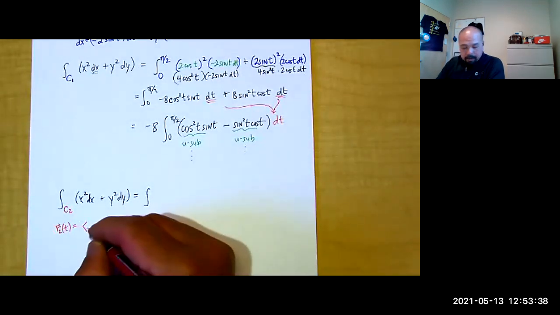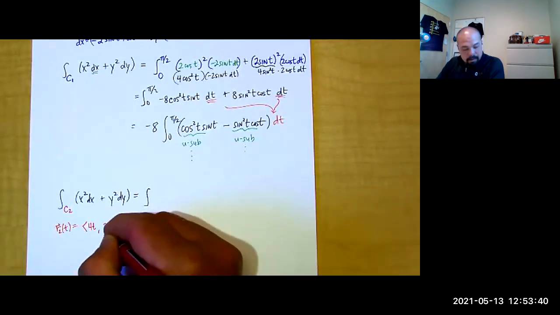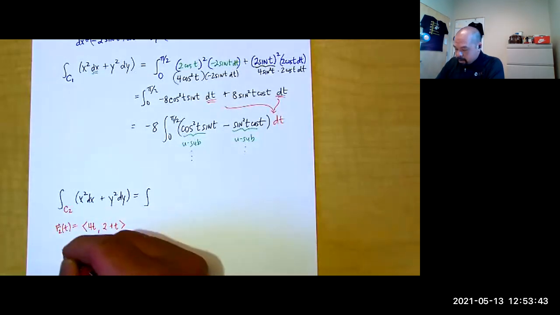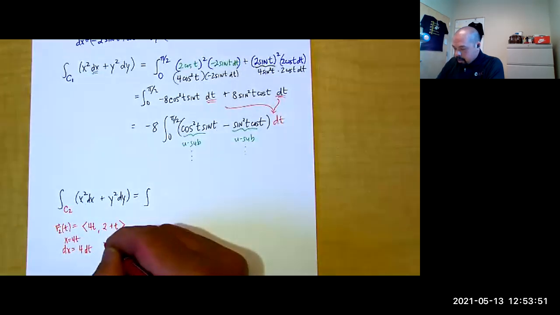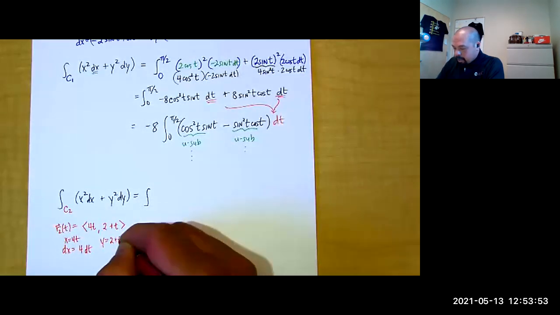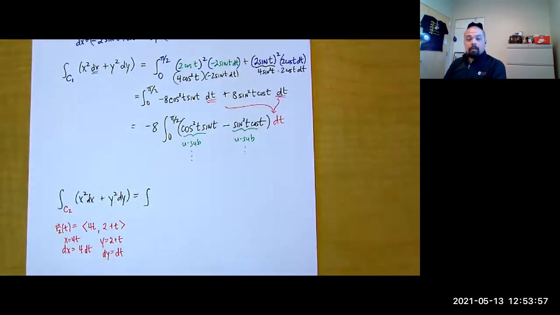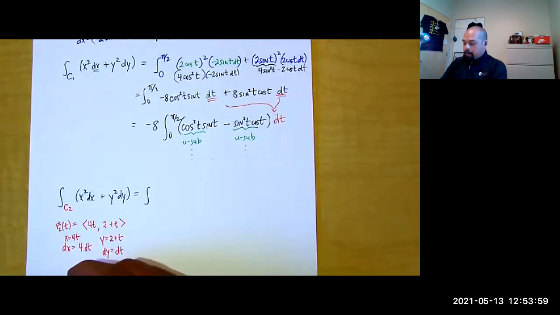That was 4t, 2 plus t, right? So our x was 4t, dx is going to be 4 dt, y is 2 plus t, dy is going to be 1 dt, and our t ranged between 0 and 1.